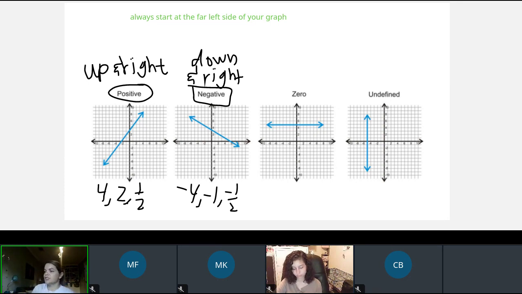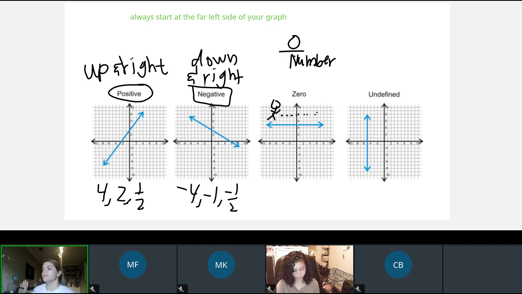All right, so now the next two are where sometimes we can get a little bit confused. A zero slope is when we have 0 on the top of a fraction. So 0 over some number. Think about it this way. If you were walking, here's a little person. You don't go up any hills.